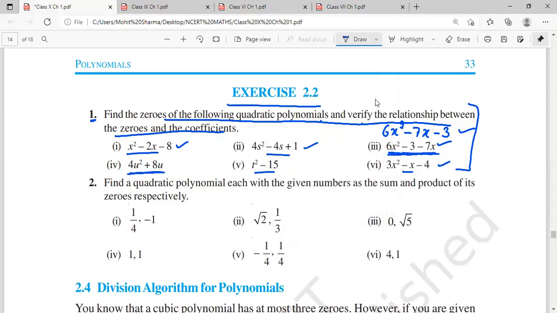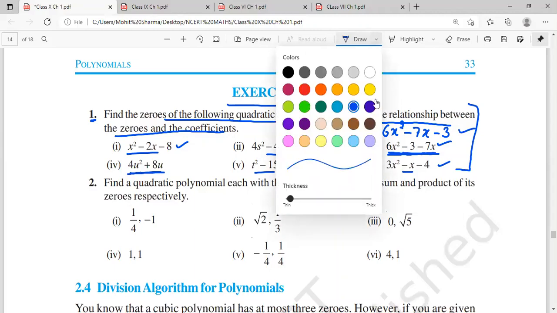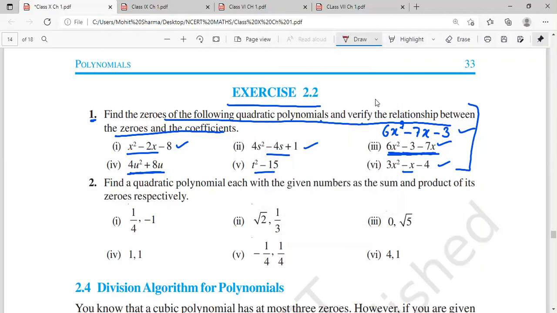So how will you factorize this? 4u squared plus 8u. You just take 4u common from here. जब 4u common लोगे तो यहाँ पे क्या आ जाएगा? u plus 2. तो ये दो फैक्टर्स हैं यहाँ पे, एक तो 4u और दूसरा है u plus 2.